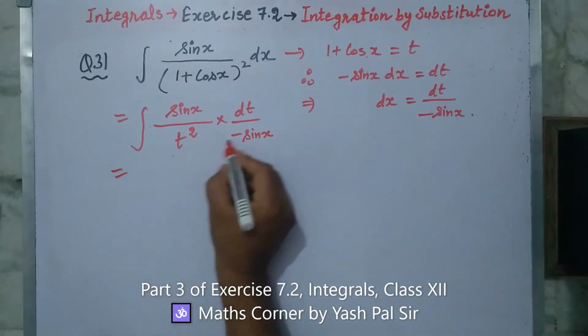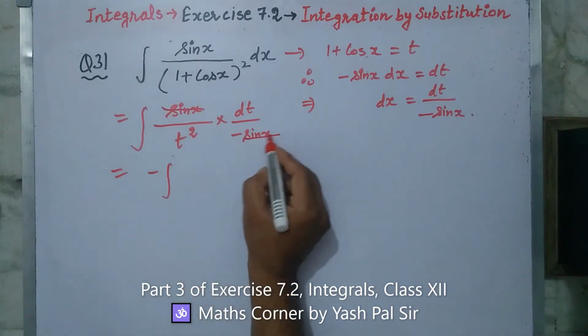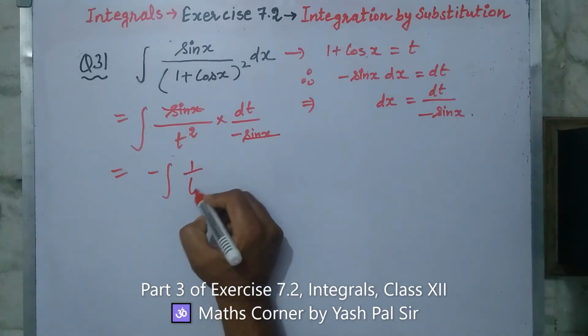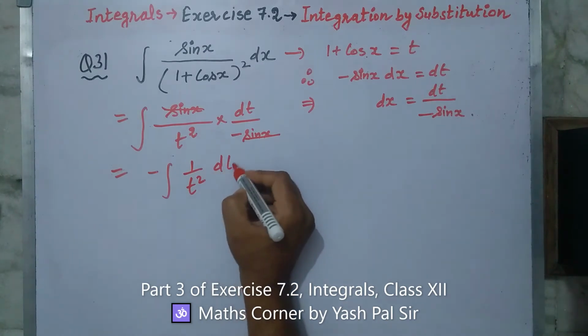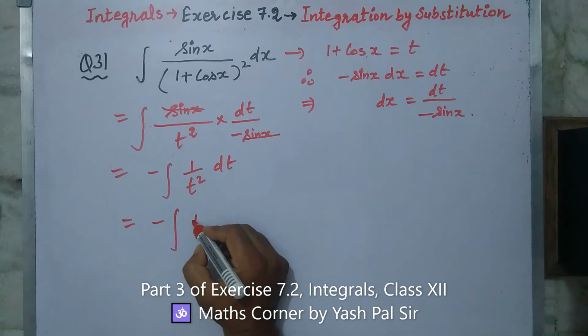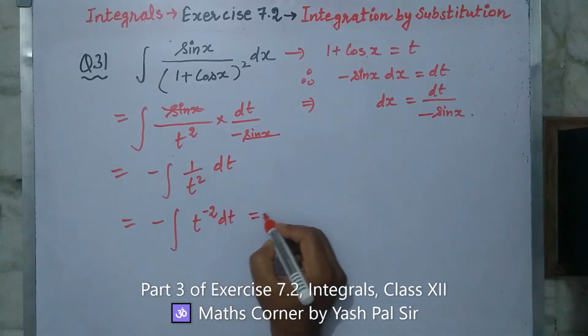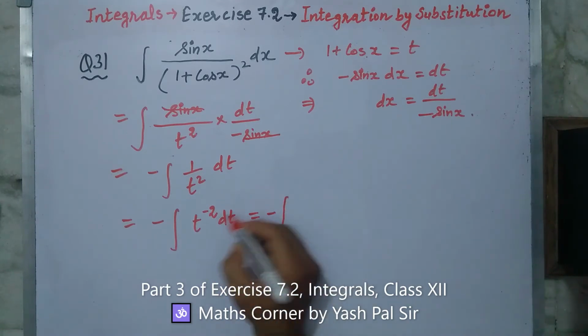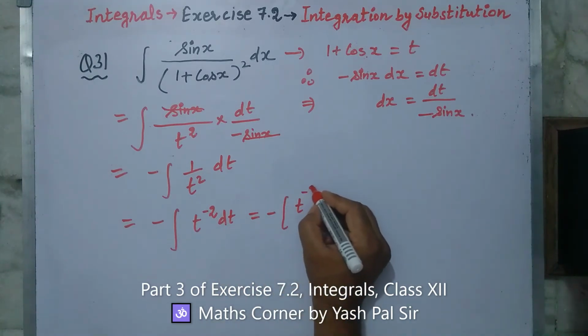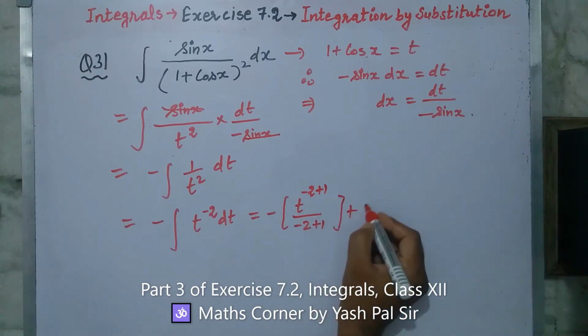So this is equal to minus, outside, sin x cancels out, 1 upon t square into dt. This is equal to minus t raised to power minus 2 dt, which is minus t raised to power (minus 2 plus 1) upon (minus 2 plus 1) plus c.